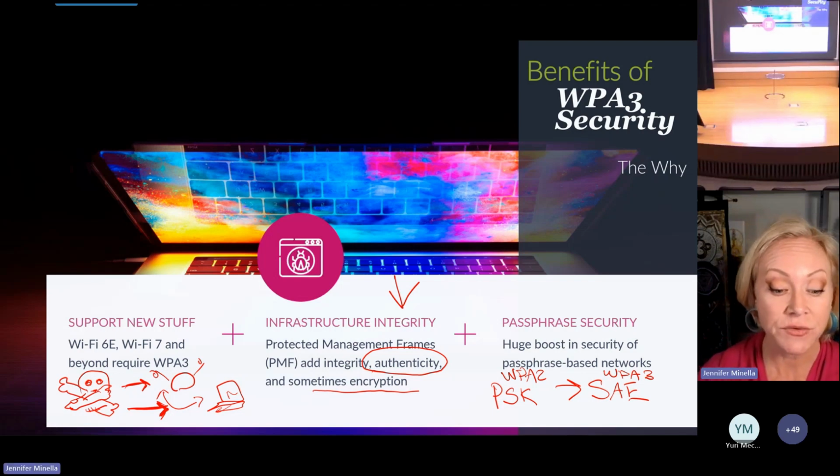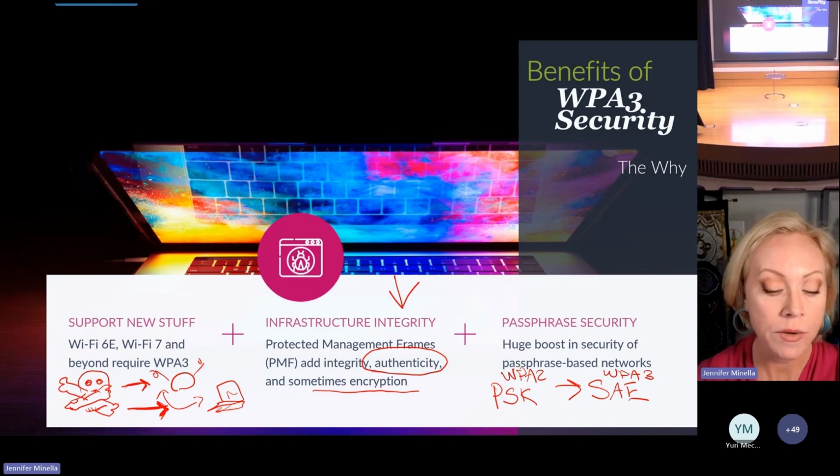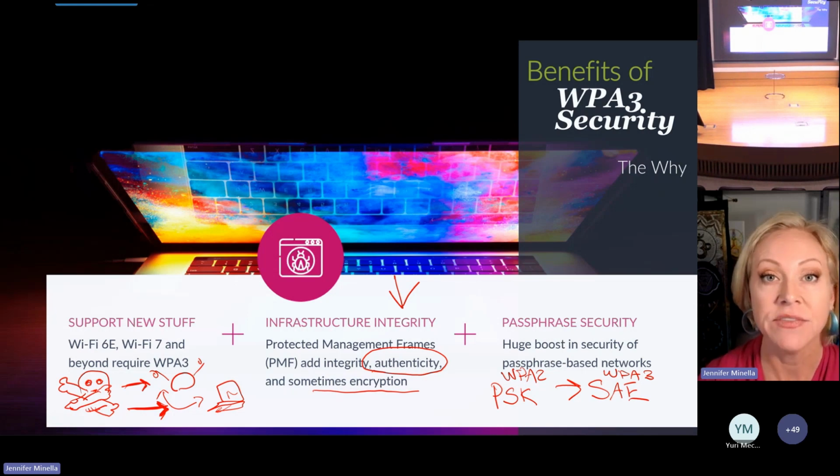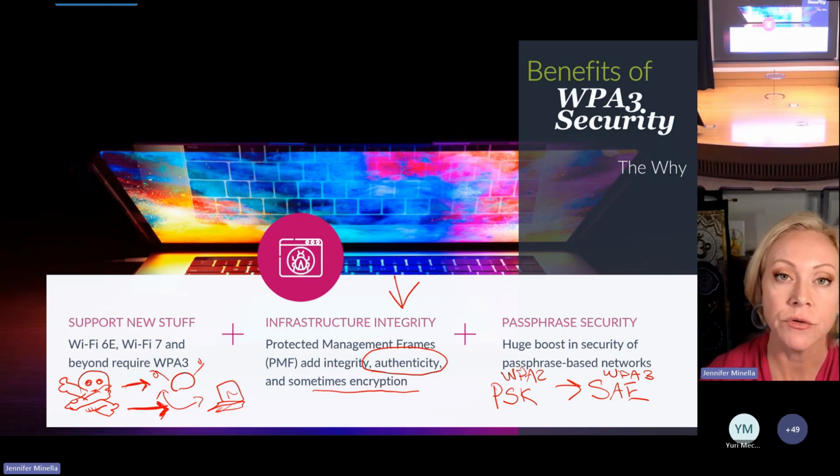In thousands of environments and organizations I've worked with, I can think of very few, less than 5, and really less than 3, that have no passphrase, no personal networks anywhere in their environment. It's a very low number, especially when you get into mid-market and enterprise sized.